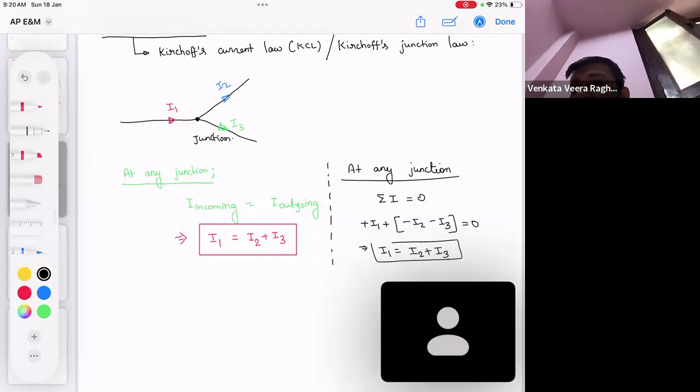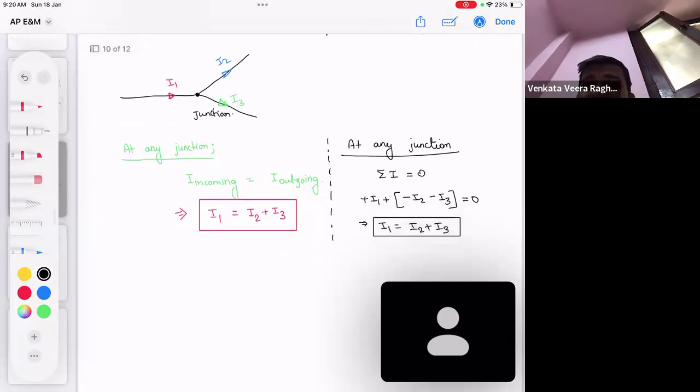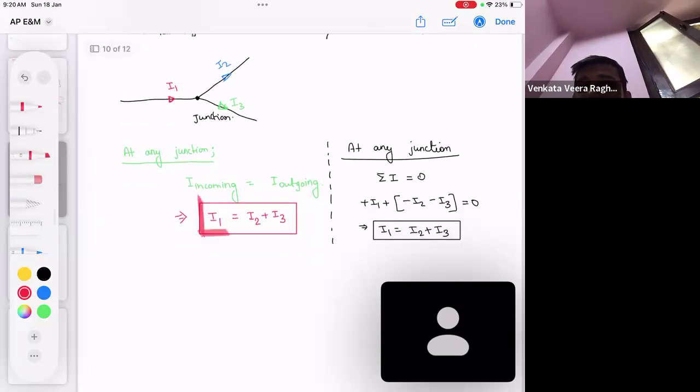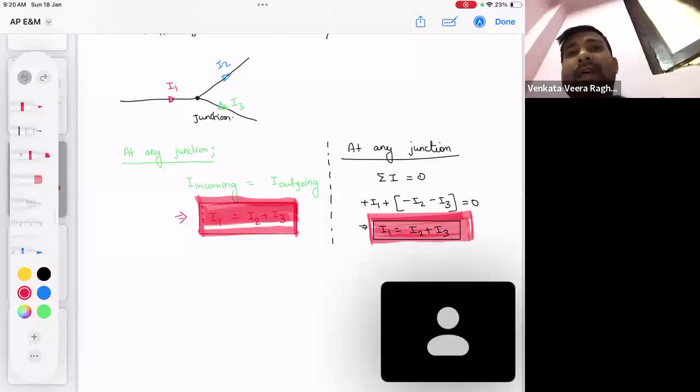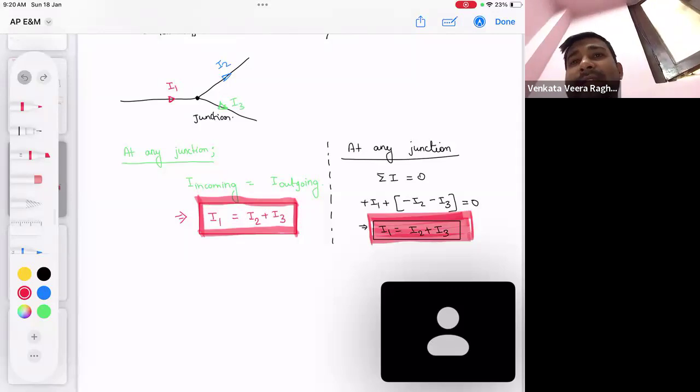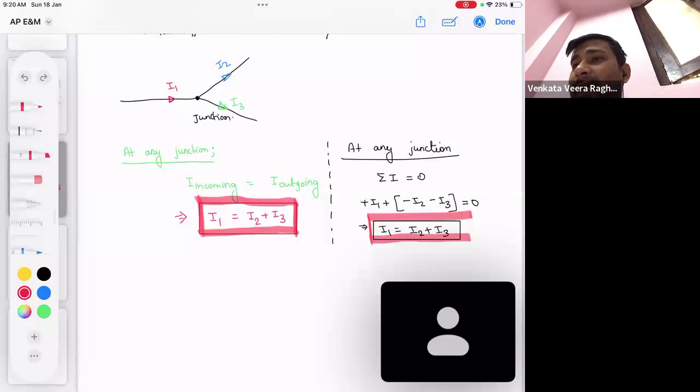Isn't it that the first one and the second one are exactly the same thing written? The difference is how we reached that point.